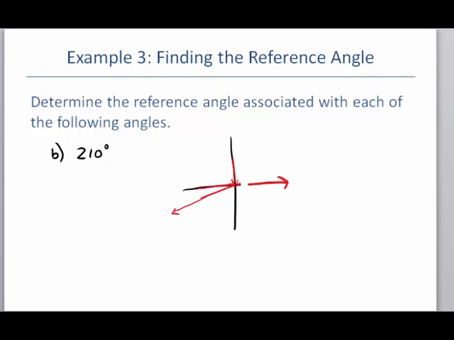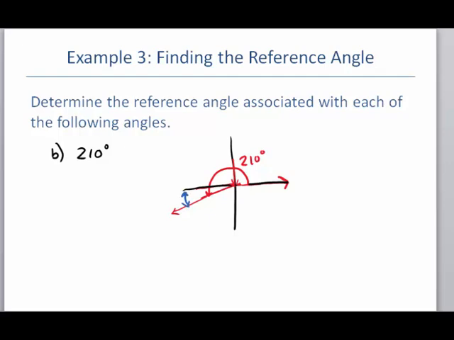All right, so once we know where our angle is, we need to think about where the reference angle lies. Remember that your reference angle is going to be in between the terminal side of the angle, which will be here, and basically your closest x-axis. And so if this is your terminal side of the angle, the fastest way to get to the x-axis is to back up here.